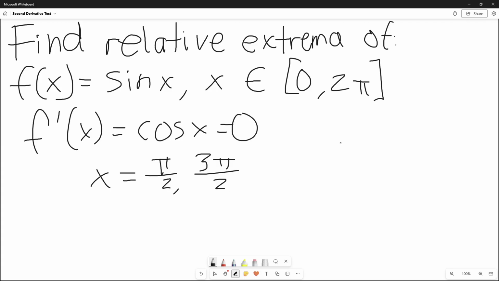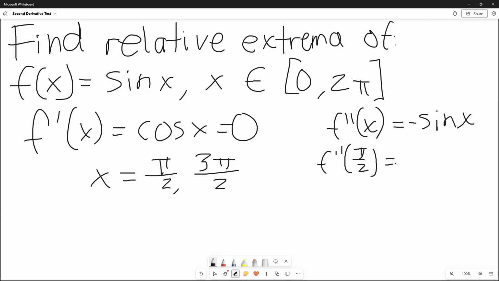And now we have our x values, but we need to find if they are minimum or maximum. So let's find f double prime of x, which is just negative sine x, and plug in pi over 2 and 3 pi over 2 into this. So f double prime of pi over 2 is going to be negative sine of pi over 2, which is negative 1, which is negative, which means that at pi over 2 there's going to be a maximum.